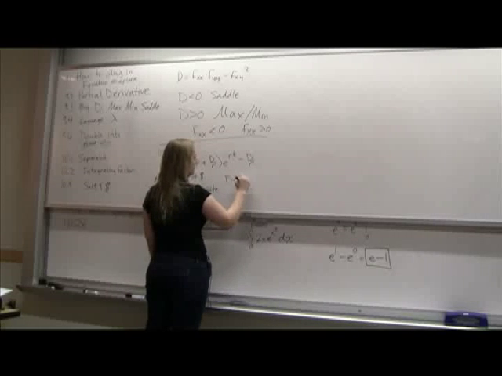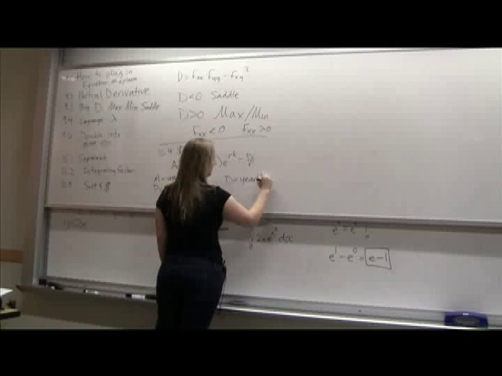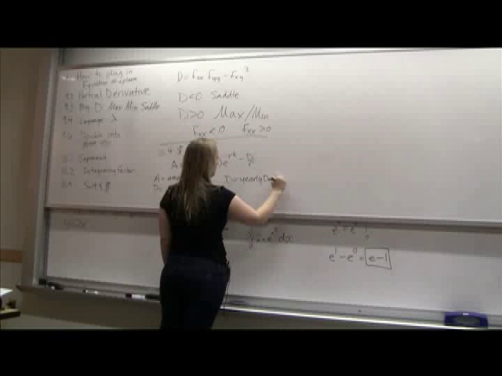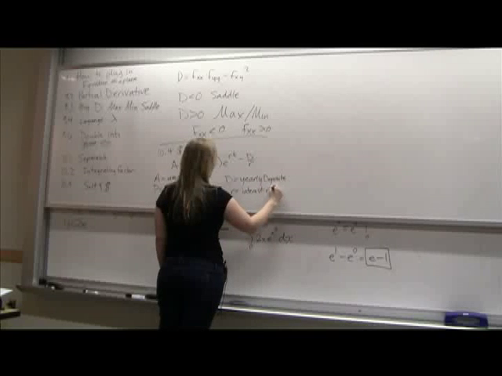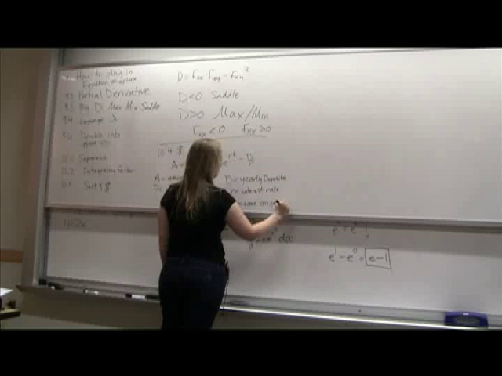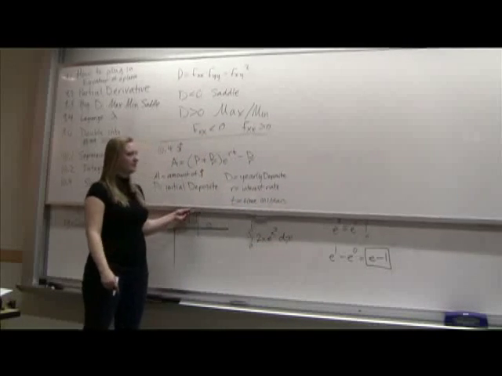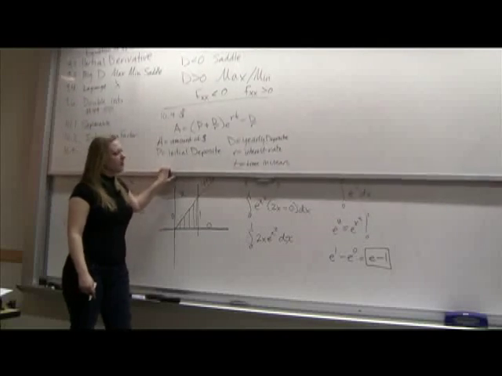D equals your yearly deposit. And R equals your interest rate. Hopefully you can figure out that T is time.